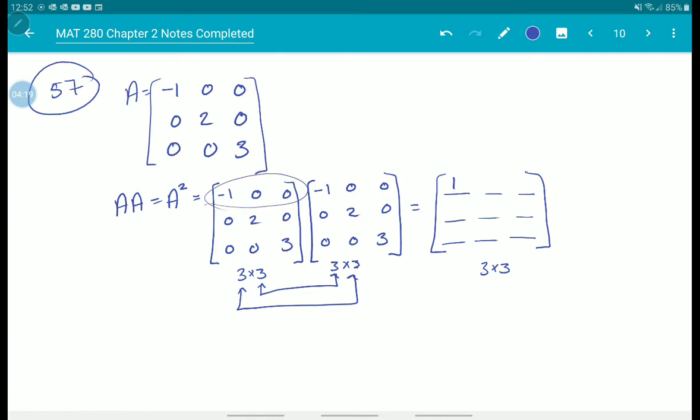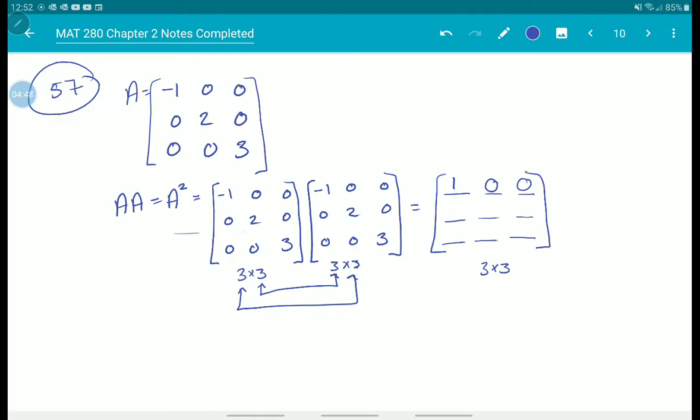Now we're going to multiply here and here, so we're going to have 0 plus 0 plus 0. And then we're going to multiply first row by last column, so we're going to have 0, 0, 0. So the only entry in that row is in that first row, first column, that top left-hand corner.